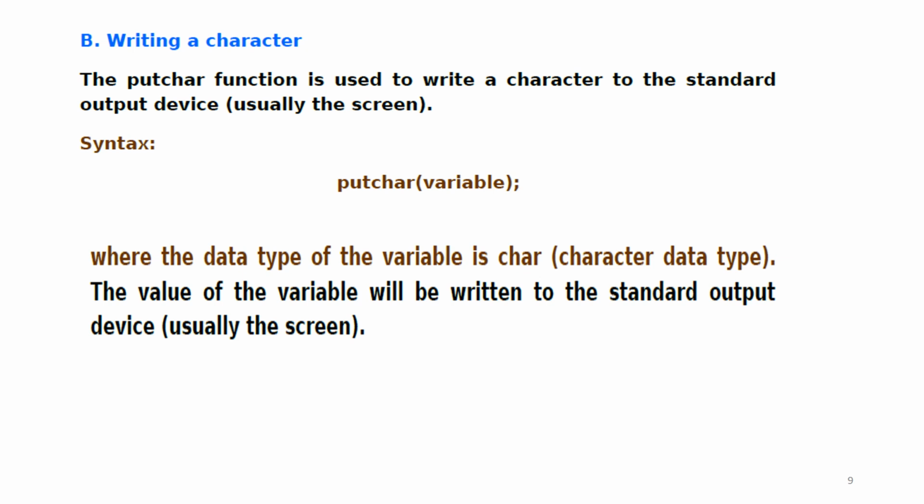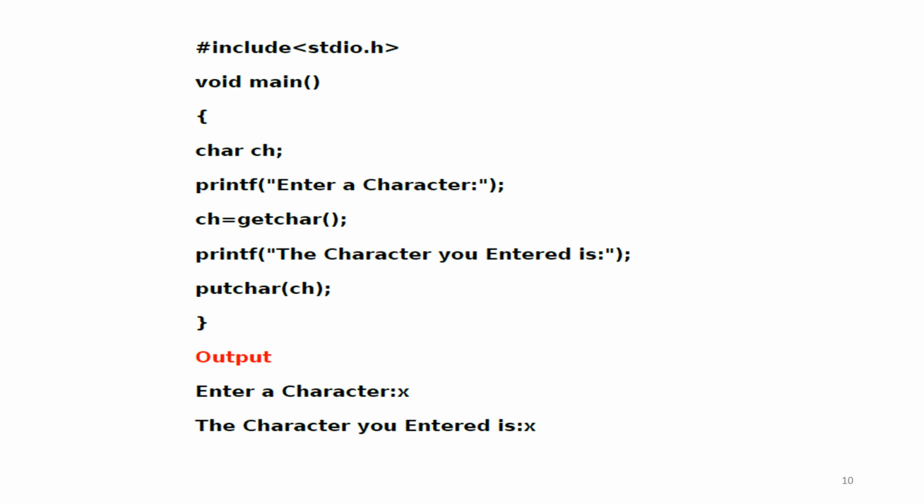and to write that character to the standard output device, you can use the putchar function. The parameter inside the putchar function should be the variable, where the data type of the variable should be character data type, and the value of the variable will be written to the standard output device. This is a program example which reads a character from the keyboard and prints that character onto the output screen.